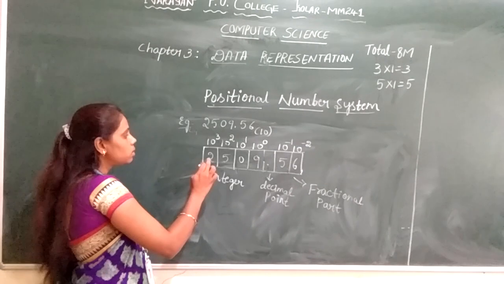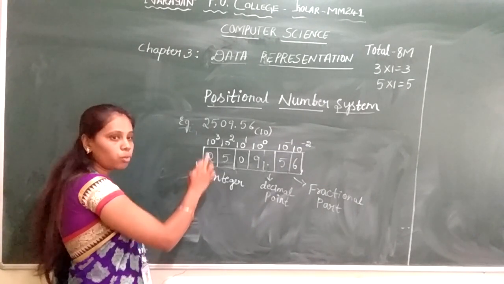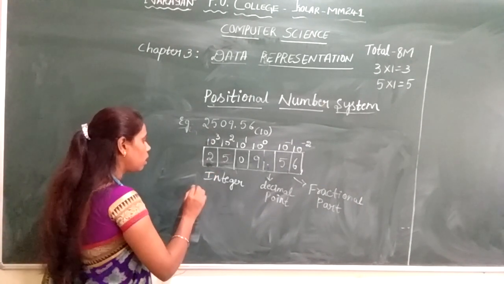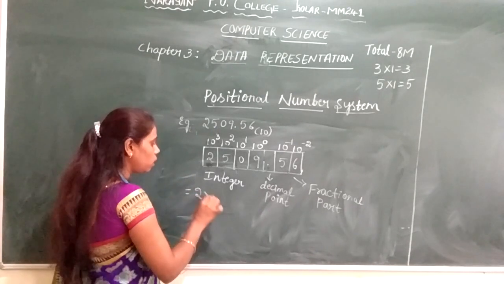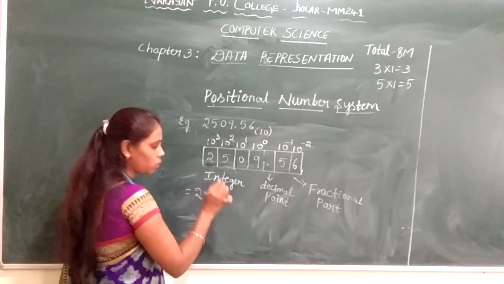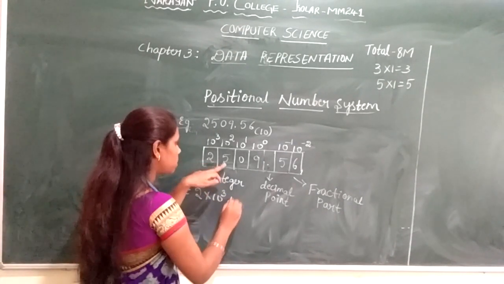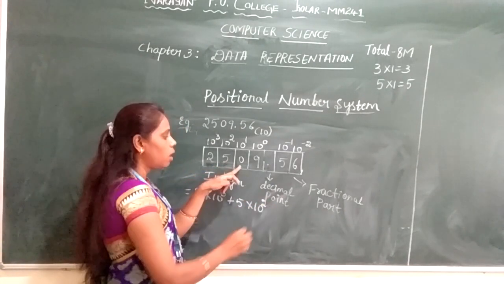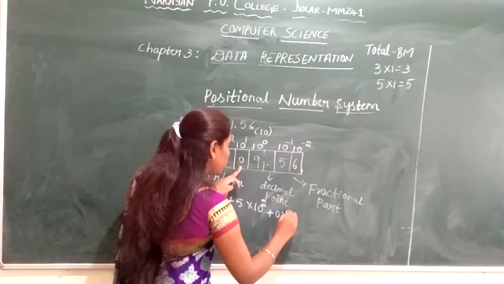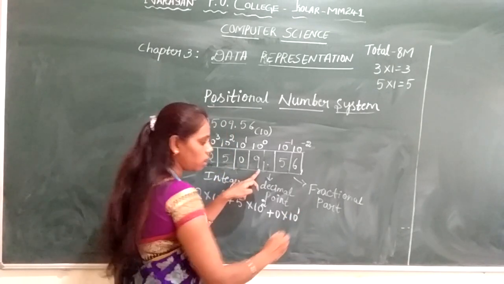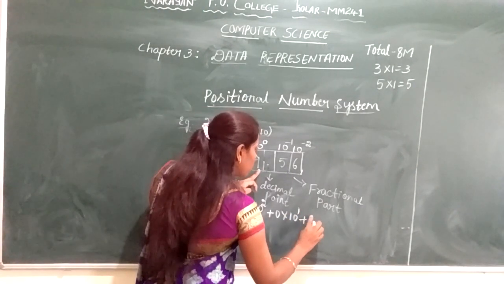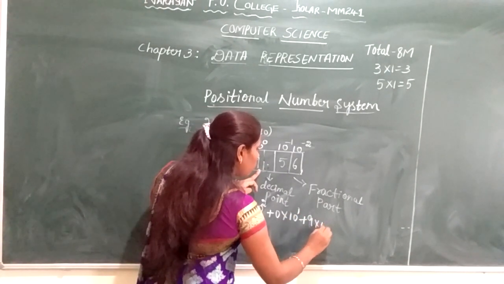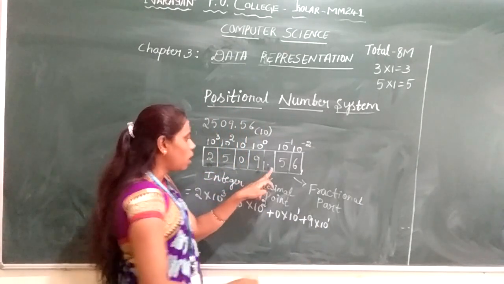Now I'll write. You need to multiply this 2 with the power of 10. So 2 into 10 power 3, plus 5 into 10 power 2, plus 0 into 10 power 1, plus 9 into 10 power 0.